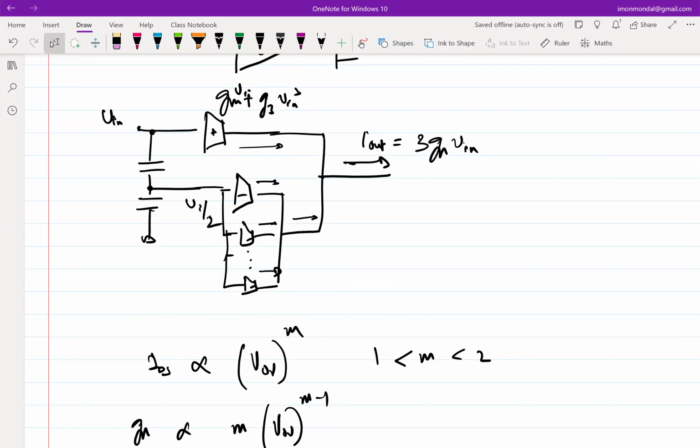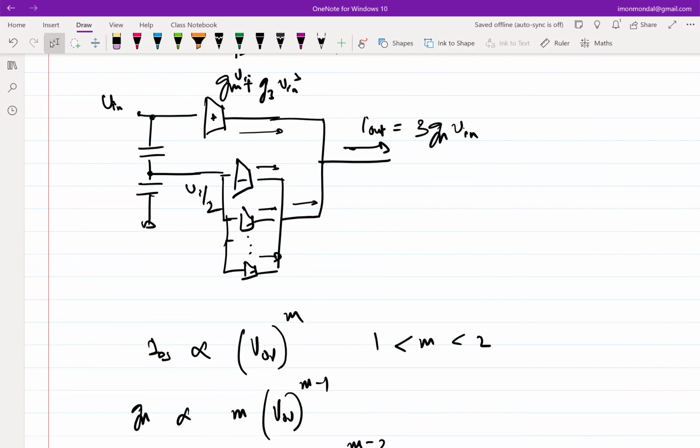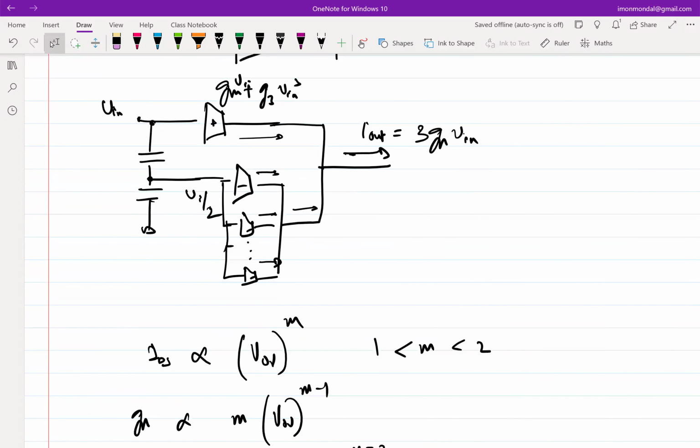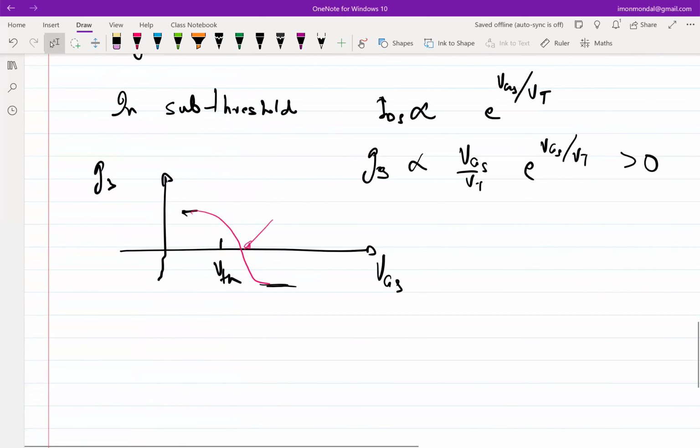Because in a single-ended circuit, you are going to have a single nonlinear circuit, you are going to have G2 V in square also, right? So some of these, for example this topology, is strictly true for differential architecture. However, this one is true for single-ended also, right?